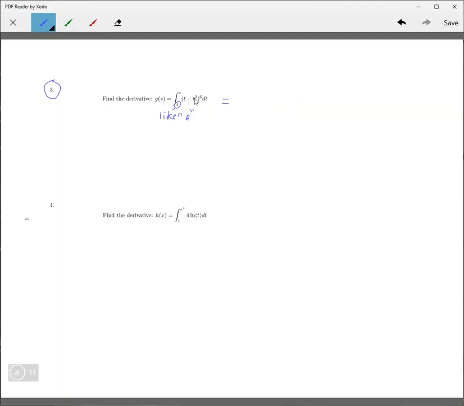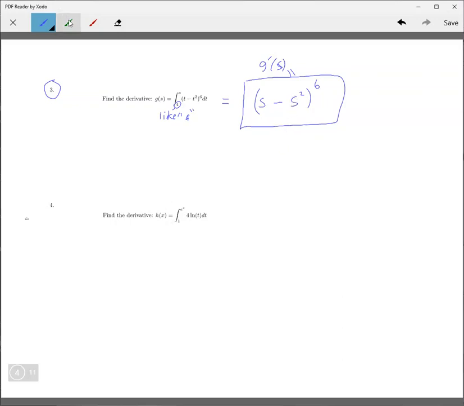So you just replace these t's with s's and you're done. g prime of s is this: s minus s squared all raised to the 6th power.